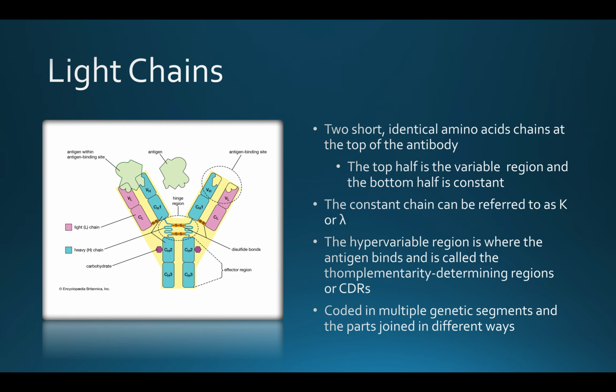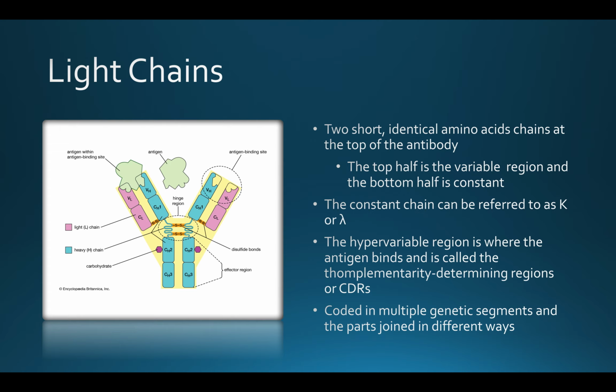Most of your light chains are kappa, while a little bit of them are lambda. Lambda is more rare in certain animals. In humans it is almost half-half, but in rabbits it is significantly less than the kappa.